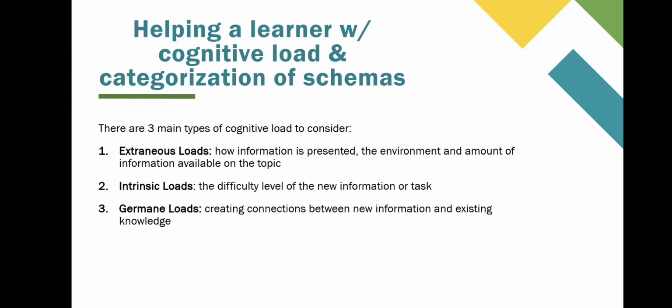And lastly, we have germane load, which refers to the mental efforts that are required by the learner to make connections between new information and existing knowledge. As the idea of schemas would predict, it is easier to acquire new information when a learner can link it to similar information or concepts they already have.